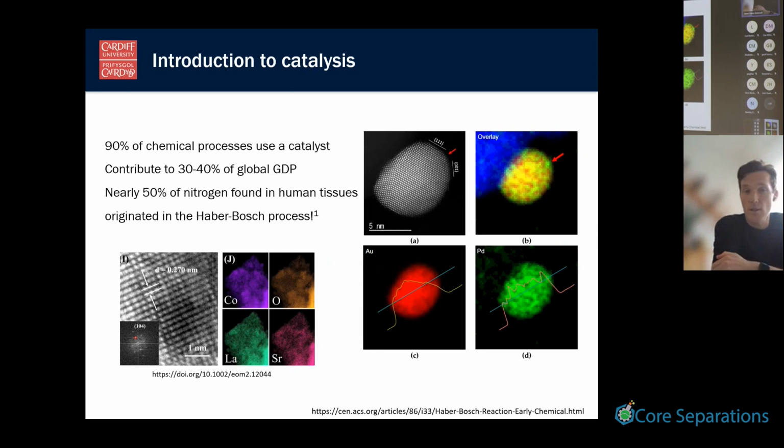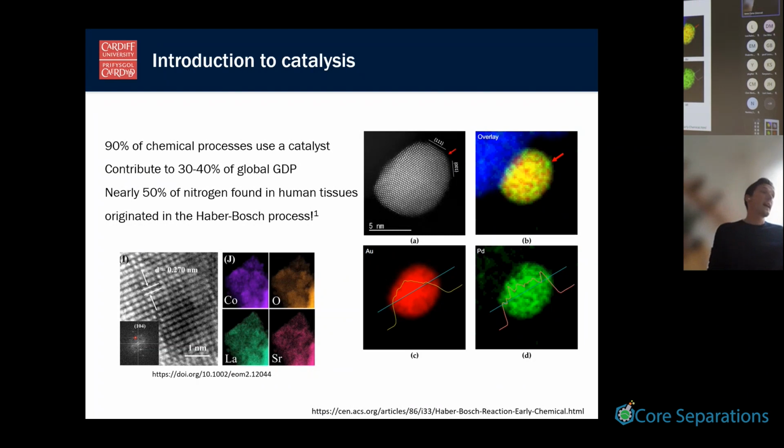Sometimes they're in the form of mixed metal oxides, such as the perovskite that I've shown on the left-hand side. But the key takeaway from this slide is that they're major materials in the global economy and of very high importance. So about 90% of chemical processes use a catalyst.